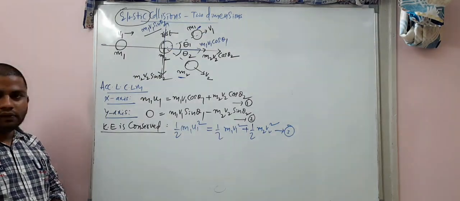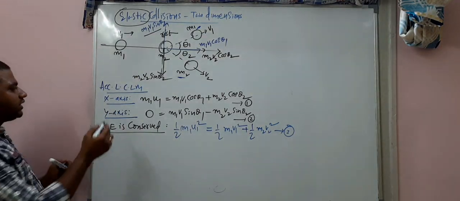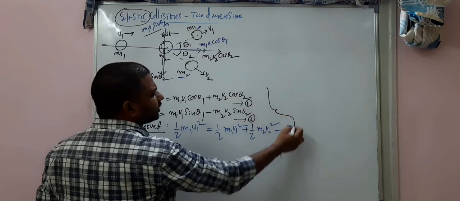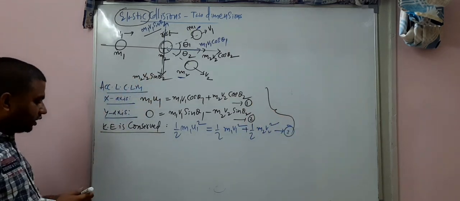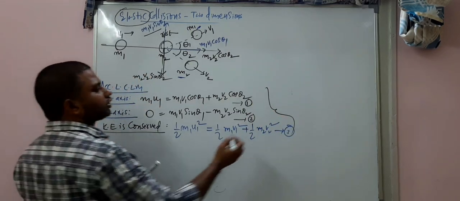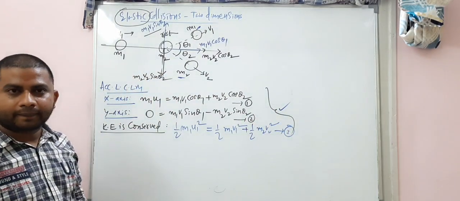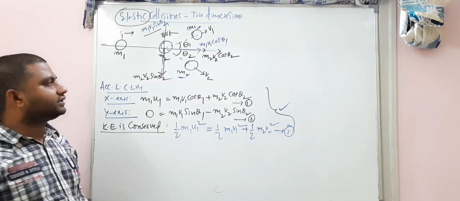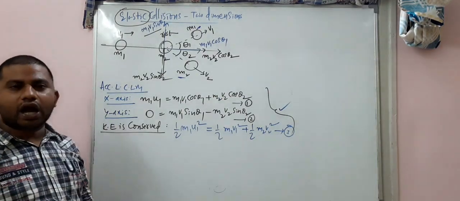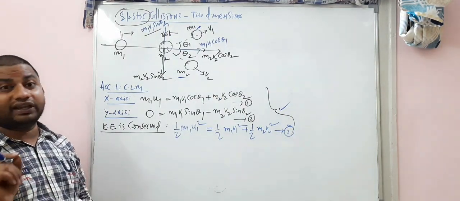All right. So by using these three equations, you can get the required answer according to the given question. 99% this kind of questions are not asked for the NEET exam, but they can be asked for the JEE exam.